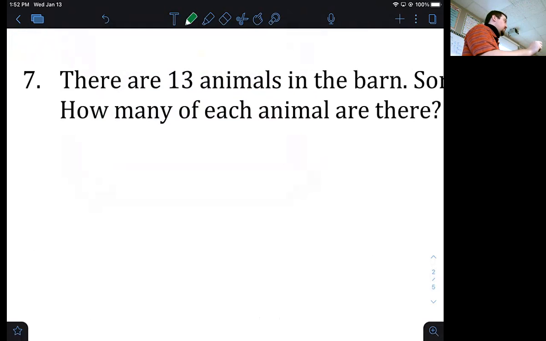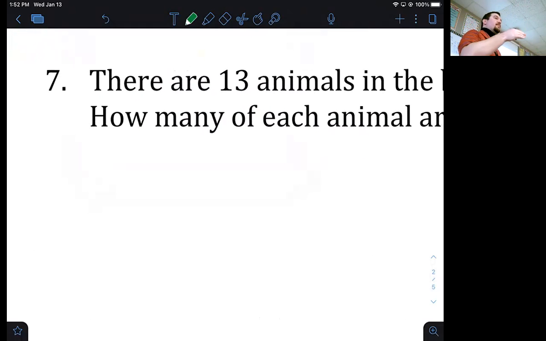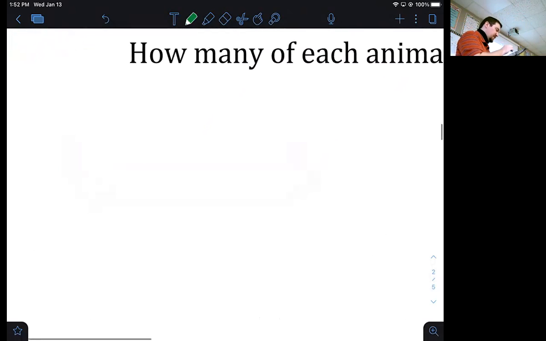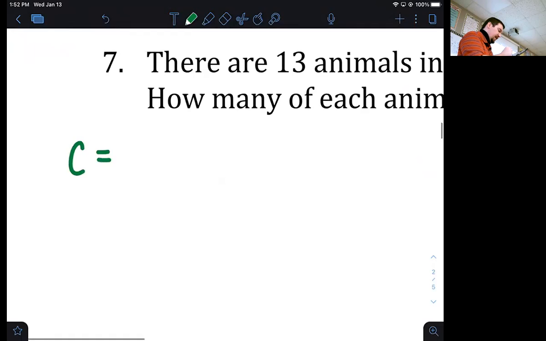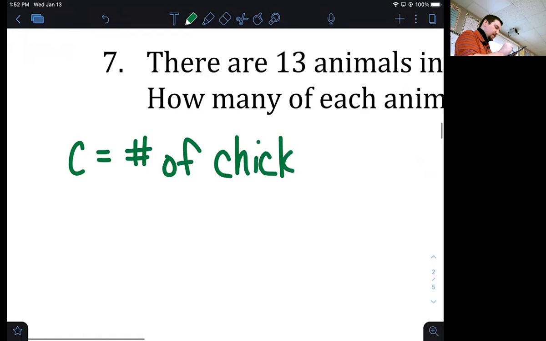Yes, chickens have 2 legs. Pigs have 4. We're going to assume they're all regular and they're not deformed. We do have to find the number of each. So C is going to represent the number of chickens. And I'm going to let P represent the number of pigs.